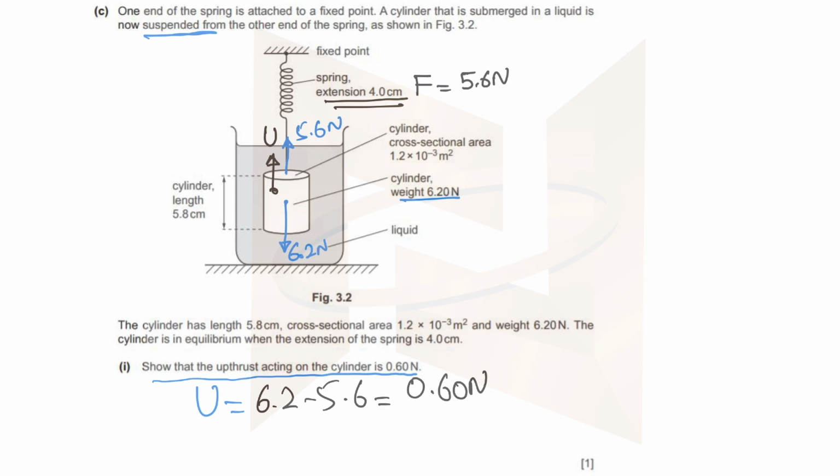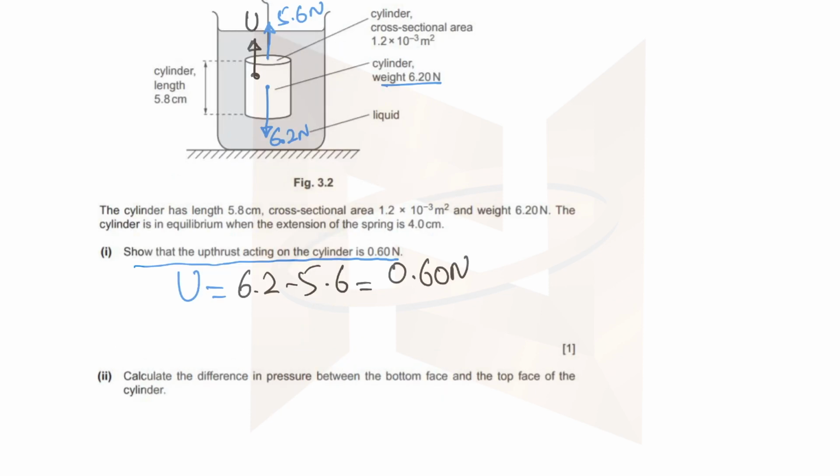Next, they ask you to calculate what is the pressure difference between the top and the bottom surface. So we'll use the upthrust because upthrust is what causes the pressure difference. Let me write it down. Pressure difference would be equal to the upthrust, which is the force, divided by the area. Pressure is force over area, isn't it?